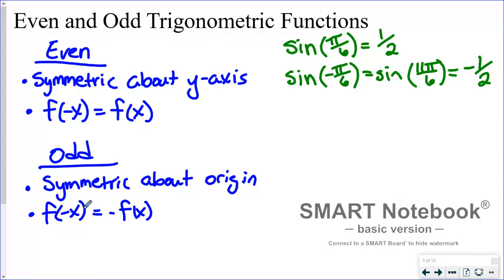When it's an odd function and I plug in the negative value, I should get the exact opposite. Did I get the exact same or the exact opposite? Opposite, right? Negative and positive are opposites. So we can now say that sine is an odd function.